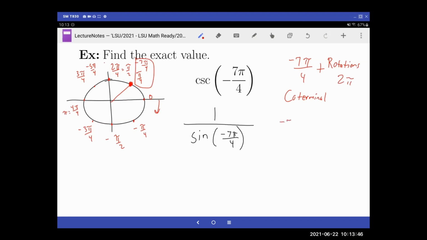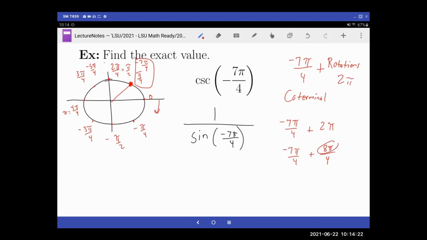So I would say negative 7 pi over 4 plus 2 pi would give me a coterminal angle. I'm adding a rotation, trying to make this negative into a positive. Well, 2 pi is the same thing as 8 pi over 4. Where did I get that? I want it to have a denominator of 4 because of negative 7 pi over 4, and the only way I can get that denominator is to multiply the current value by 4.